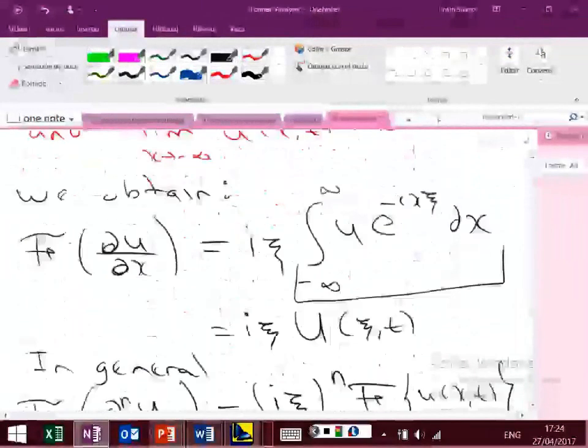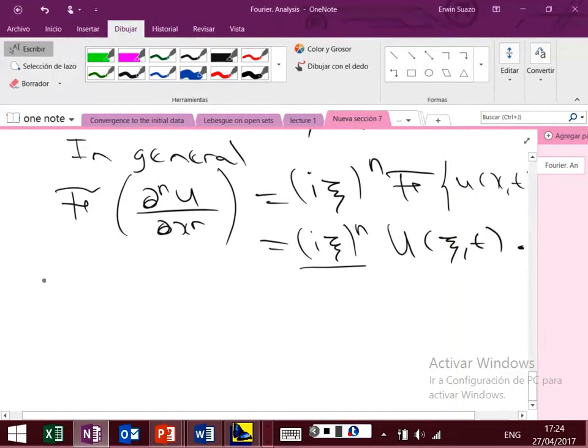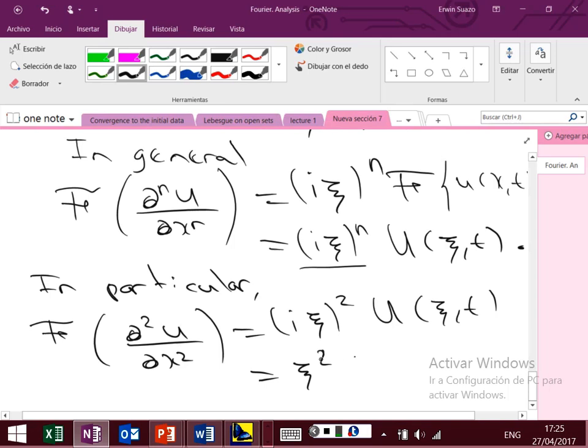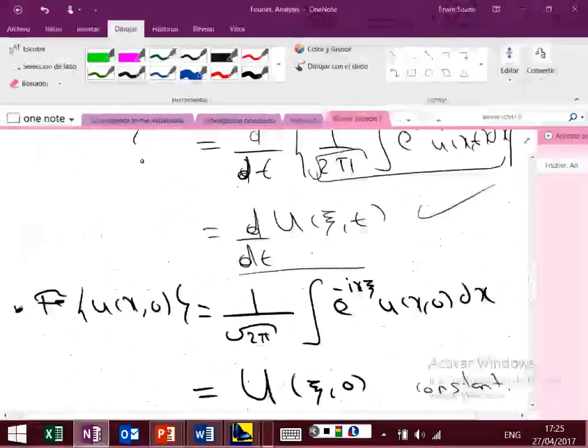In particular, the Fourier transform of the second derivative of u with respect to x in second order will be i theta squared u hat of theta, t, and this is just minus theta squared u hat of theta, t. Okay, and that's exactly what I wanted here.